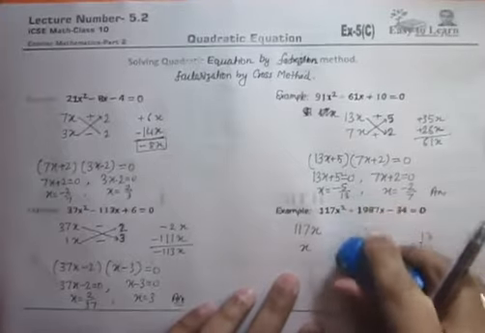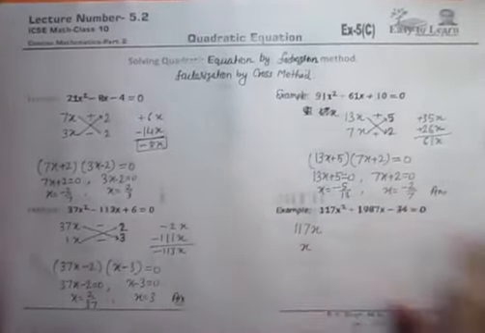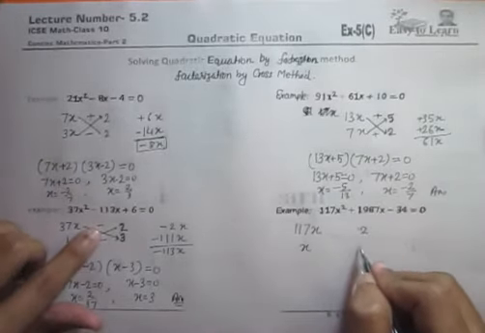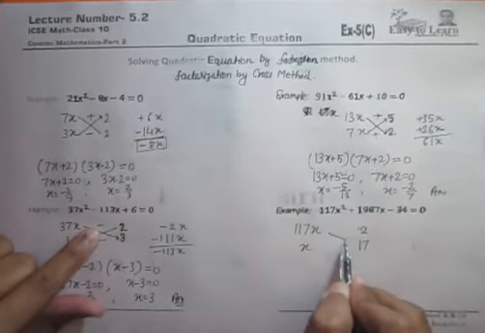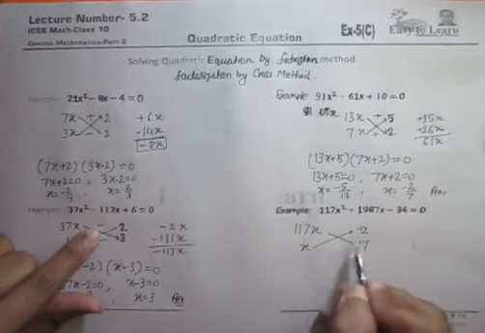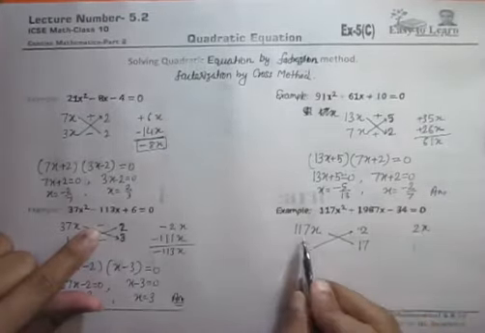So we cannot put 17 here and 2 here. We will write 2 here and 17 here. Now what will be its product? So x into 2 will be 2x, and 17 into 117x.